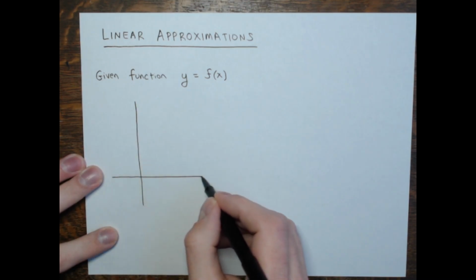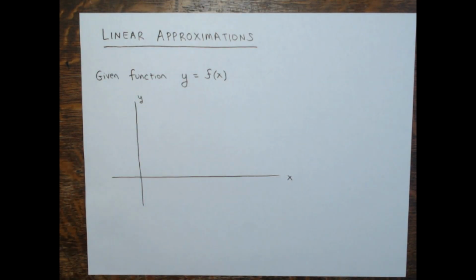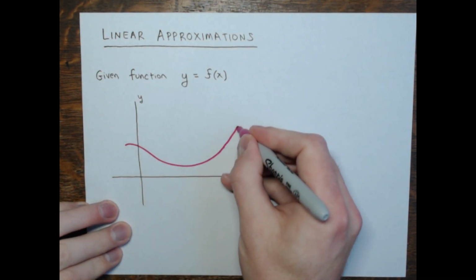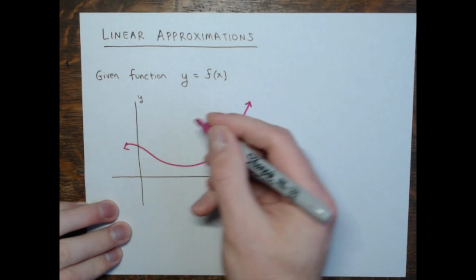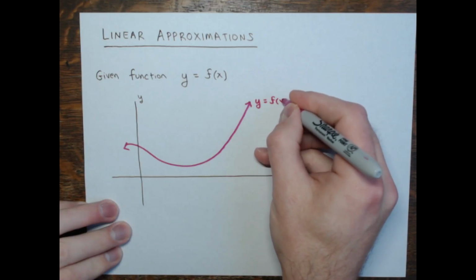So I'll just draw a generic function here. We've got this little swoopy function, something like this. So here's the graph of y equals f of x.